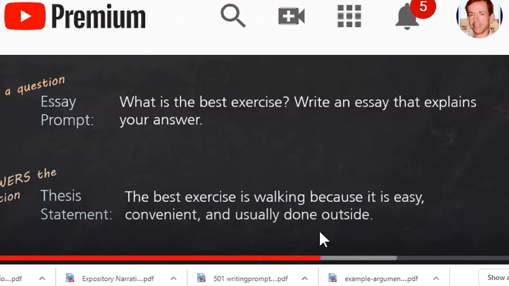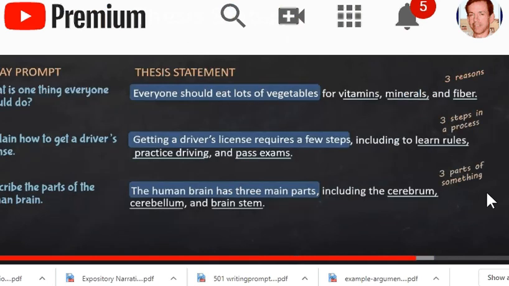And then a paragraph about how it's done outside. And all of these together are proving that it is the best exercise. But for your purposes, you could just say the best exercise is walking for 3 main reasons. You don't have to identify them right now. It is very tricky to identify them all in one big thesis statement.